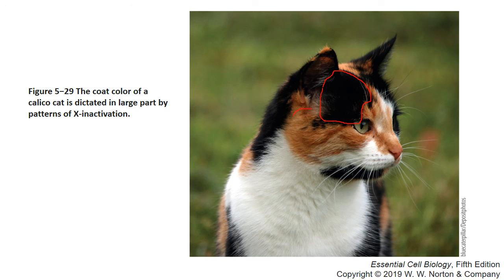Whereas the orange patch, those are all descendant cells from a very early embryonic cell that randomly inactivated the X that coded for black fur and allowed the X that coded for orange fur to shine through. Isn't that beautiful? Like I said, this happens very early on in embryonic development. You can't really control it, so each pattern will be slightly different from cat to cat.